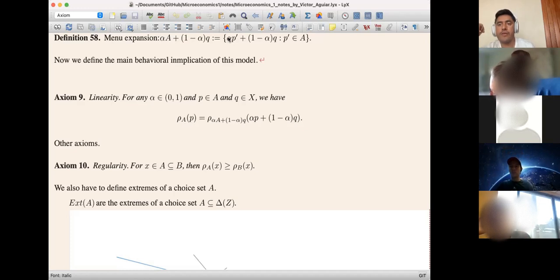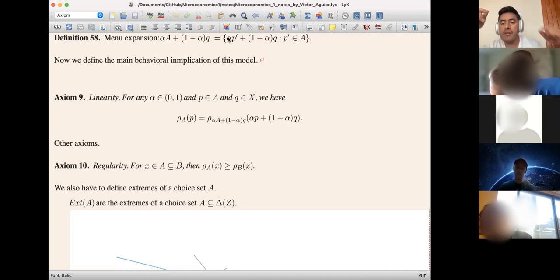Yeah, that's exactly right. Essentially, if your menu has more alternatives, the probability of the event that X is the top of the list in the given menu, the highest utility item, can only go down.